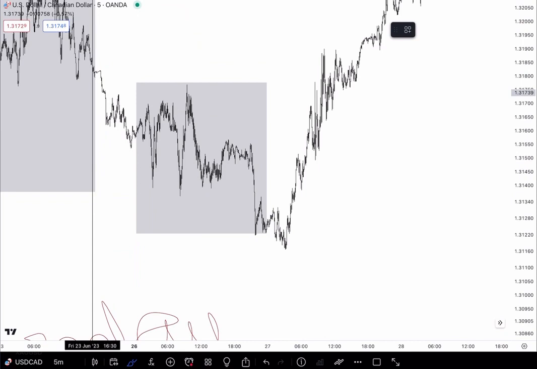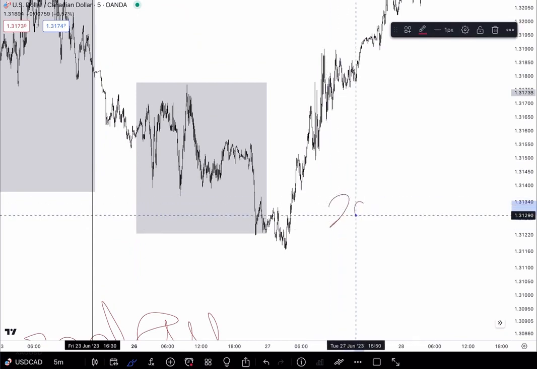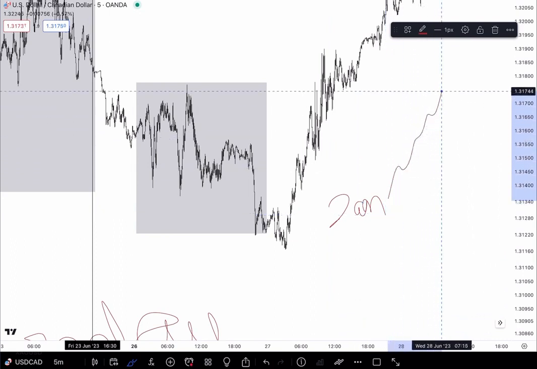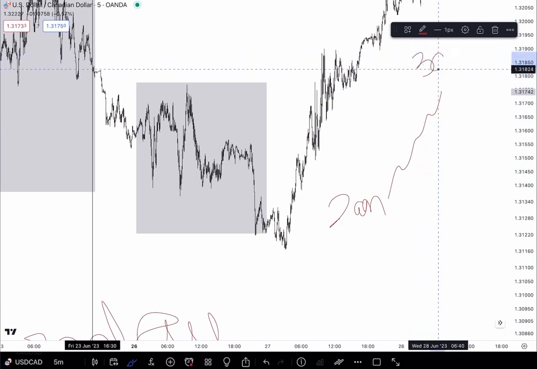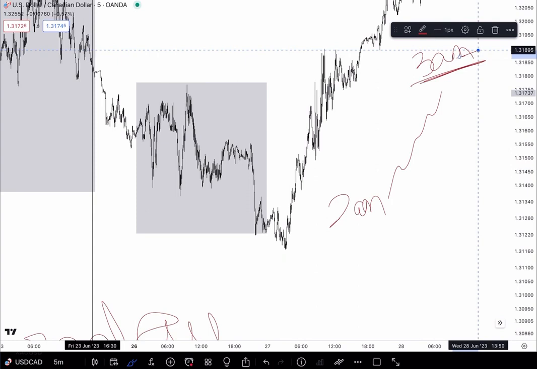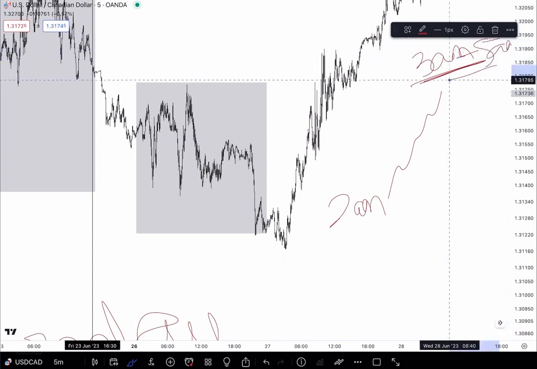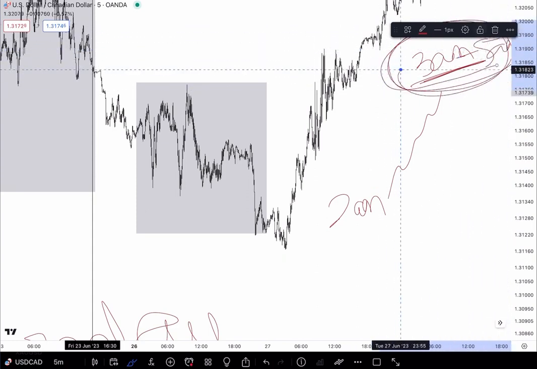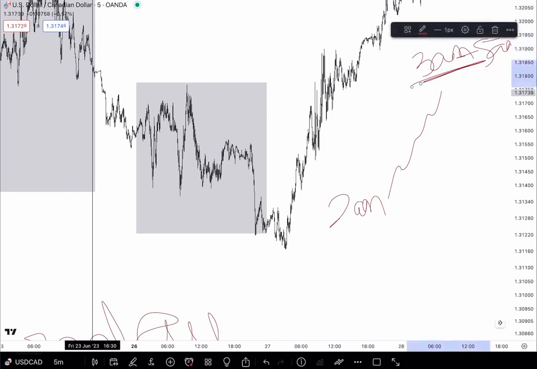The time per manipulation is 2 a.m., right? Which means the time the swing high will form is 3. Well, 2:50 to 3:10, right? But 3 a.m. is the swing point formation time during that candle. 3 to 5 is a good range of time to place your bets during.